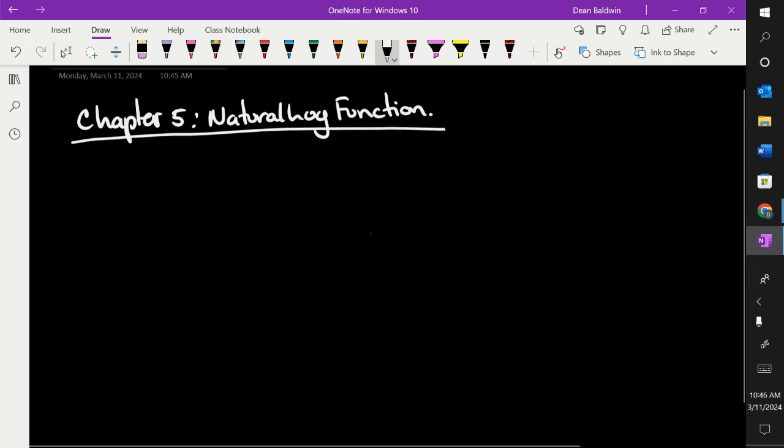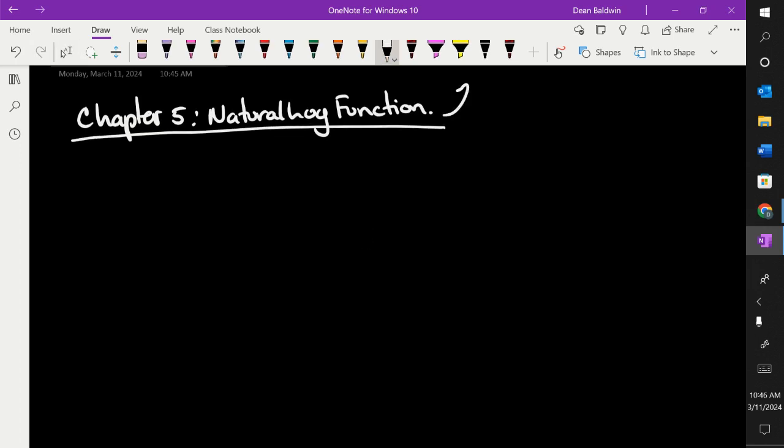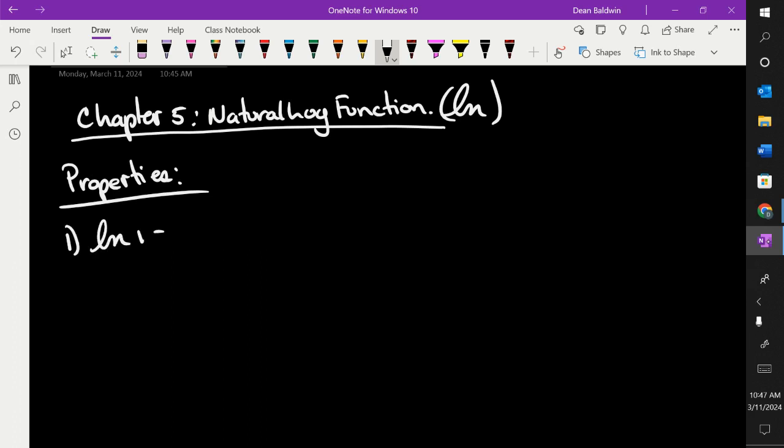But we need to review. The natural log function, you remember this, ln? Logarithm natural. Okay, so properties of logs. Let's go over the properties of logs. What's the natural log of 1?